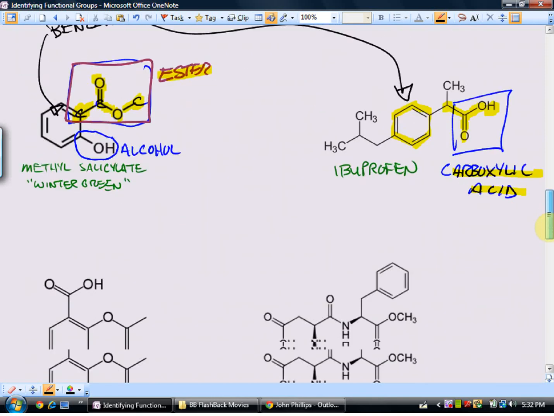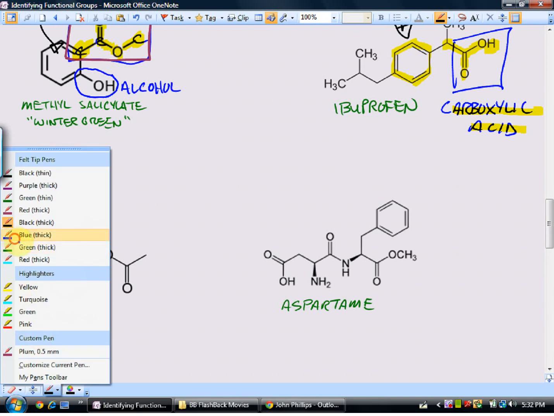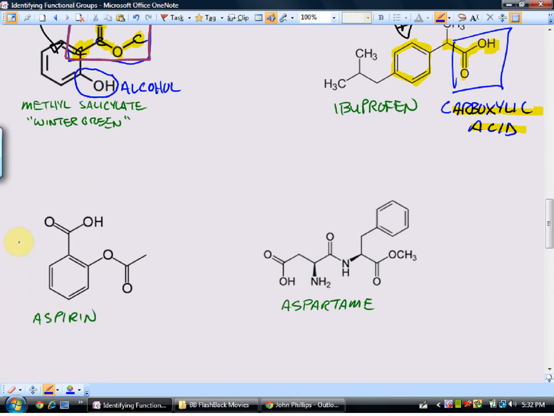All right, more real molecules. If the ibuprofen didn't take care of your headache, perhaps you need some aspirin. So if we take a look at aspirin, what functional groups do we see? I hope you've been able to identify two of those. Right here, what do you see? I hope you labeled that as a carboxylic acid.